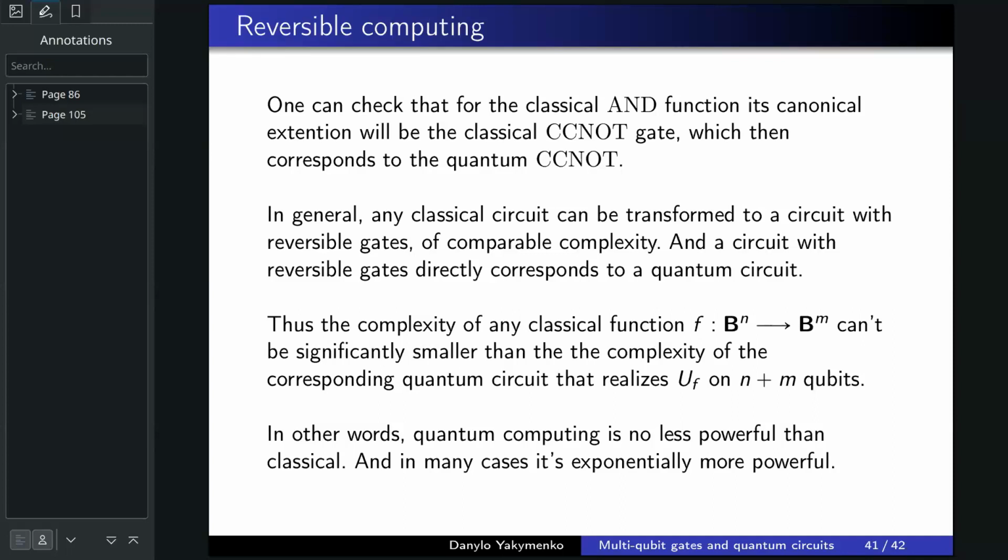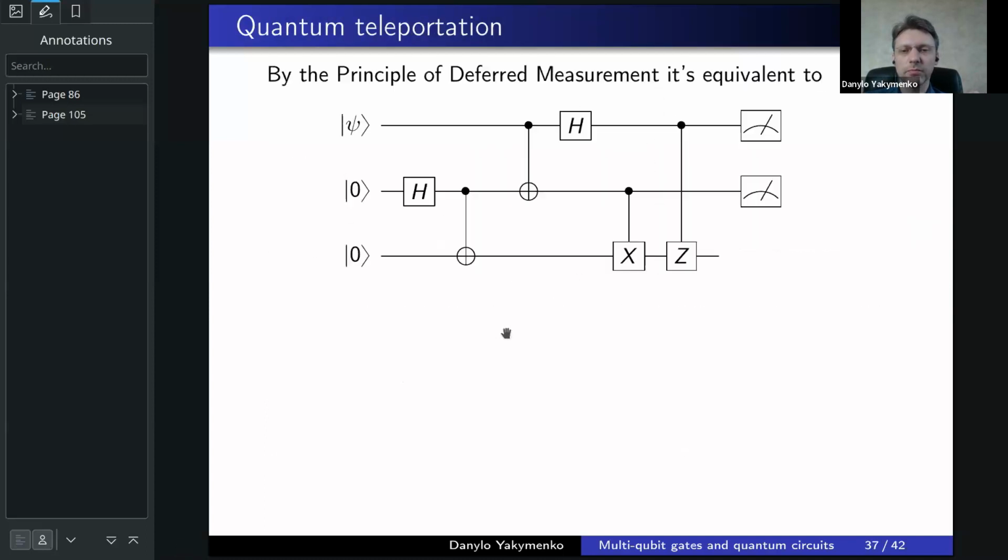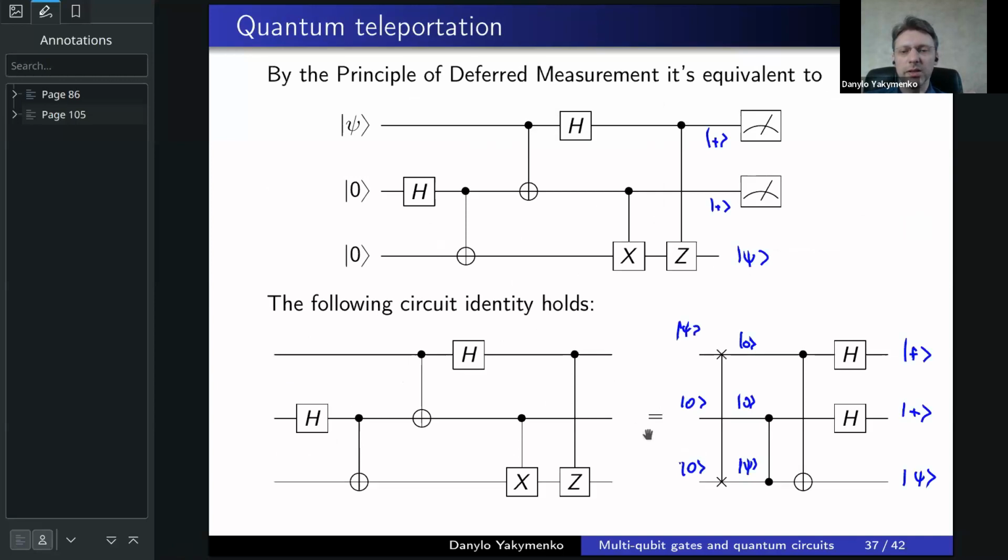Another question. Can you explain once again how we got the swap gate in the quantum teleportation example? Okay. Yes. Here it is this identity.